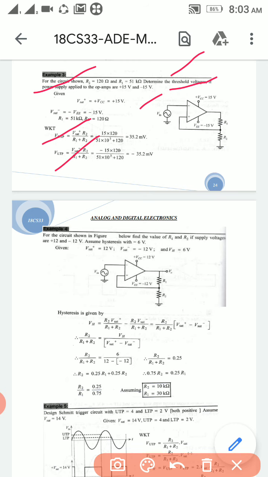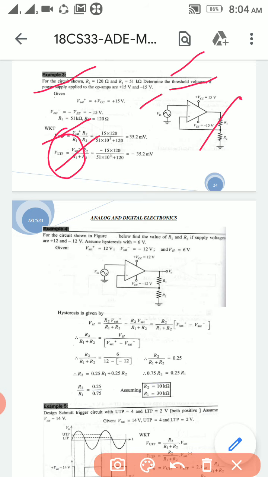This is the circuit that has been given, but we need to find these two values, VUTP and VLTP. We know the formula directly, the values are given, so put them in this equation and we'll get the values. This is the formula.